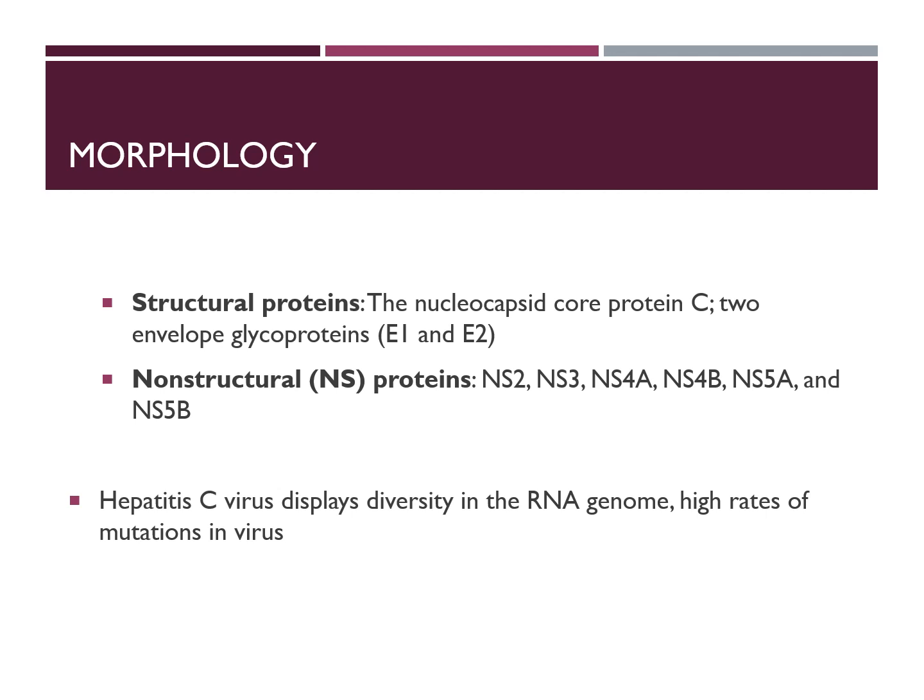Now why is this hepatitis C virus important? This virus has a lot of diversity in its RNA genome because of the high rate of mutation in the virus. This virus also has high replicability. That is why the RNA genome shows a lot of diversity.